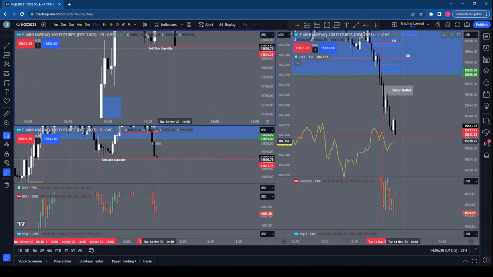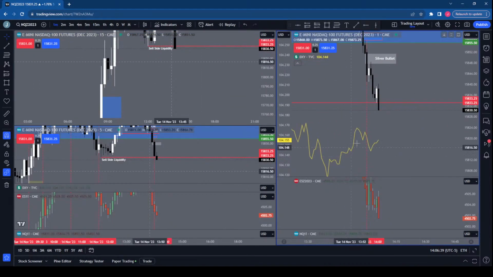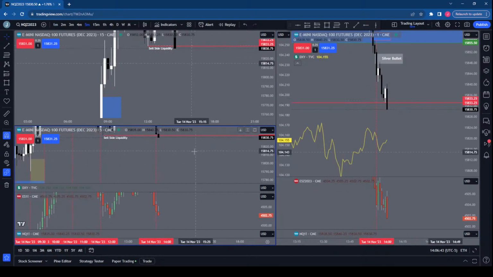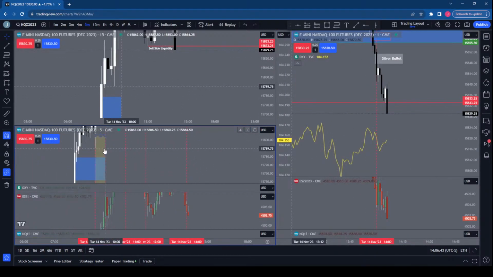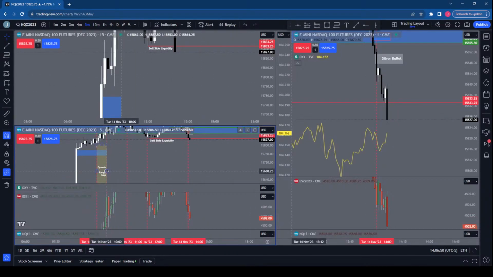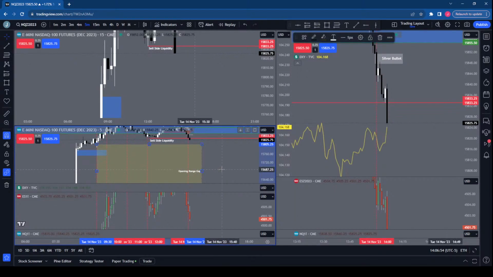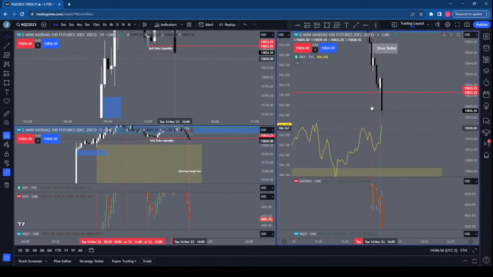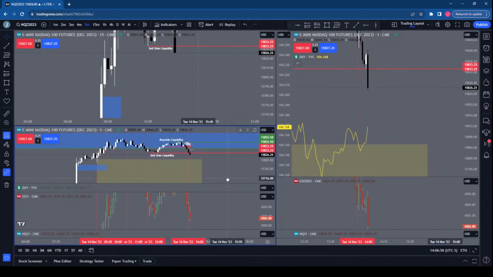In terms of going lower, let's see. We have the top of this. I would use the top of the opening range gap as the next target to the downside.